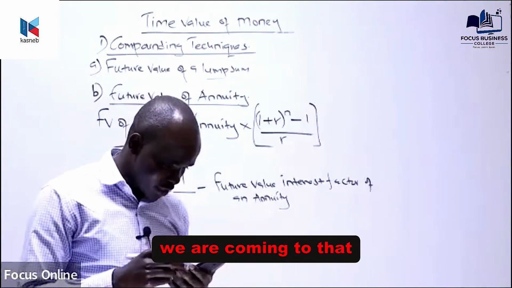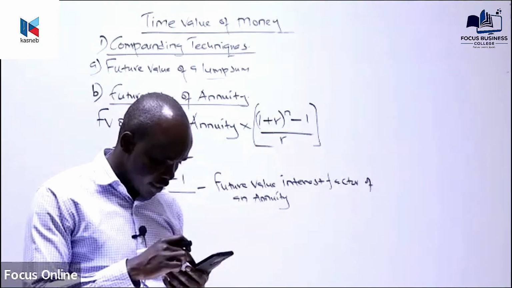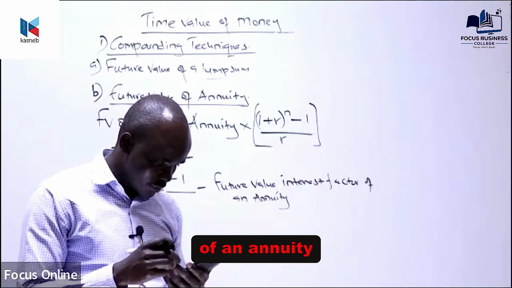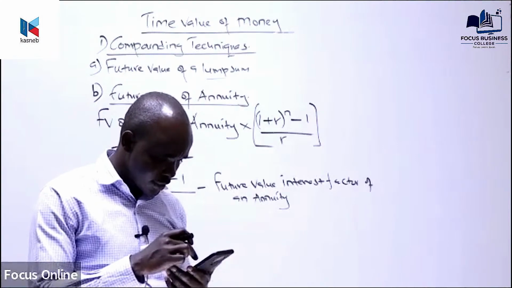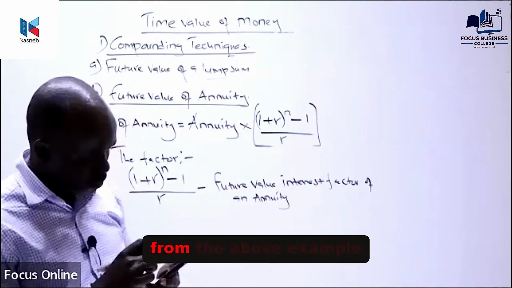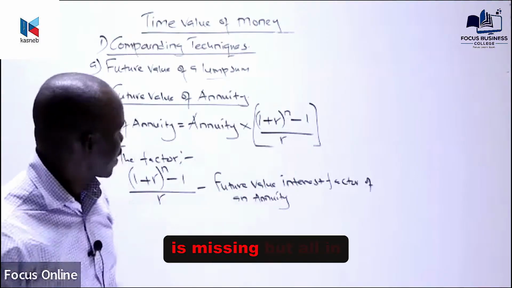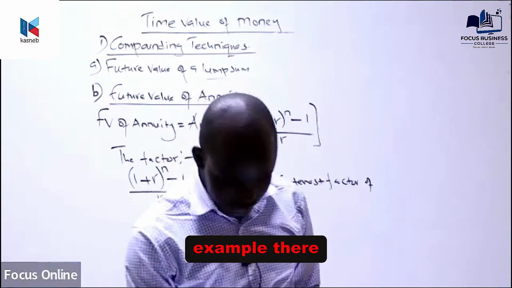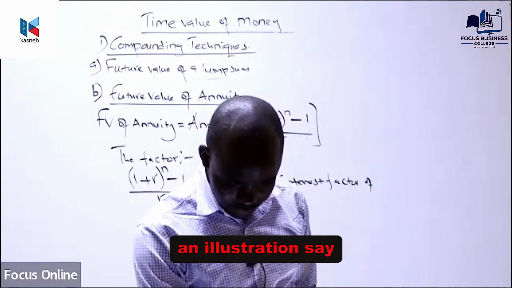Sorry. We are coming to that. I want us to have an illustration on future value of an annuity. There is a part that is missing, but all in all, let's just write an example.